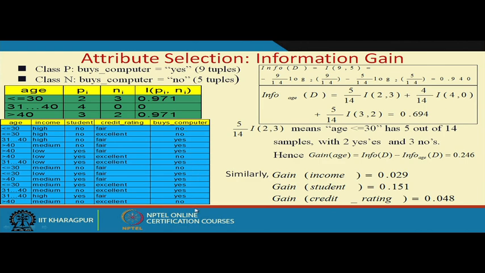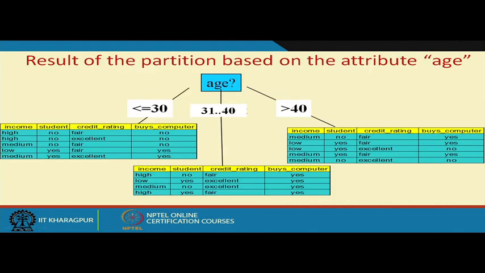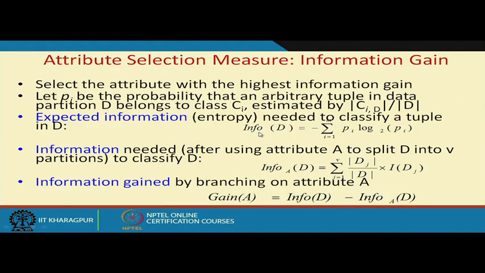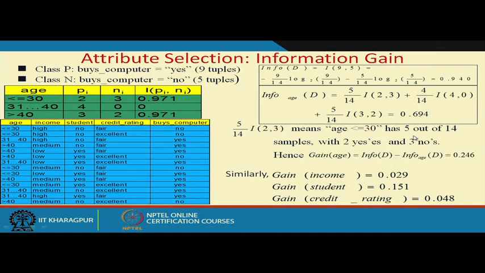Each row is a tuple. How many tuples were with yes decision? 3, 4, 5, 6, 7, 8, 9. So, 9 tuples were with yes decision and 5 tuples were with no decision. Using the expected information entropy formula, we find out this is the information content in the entire data set.